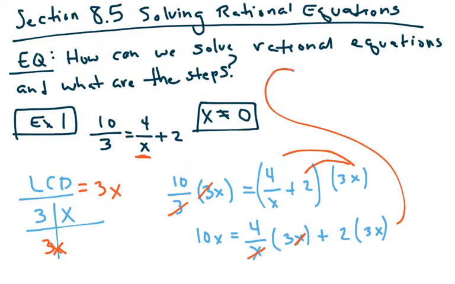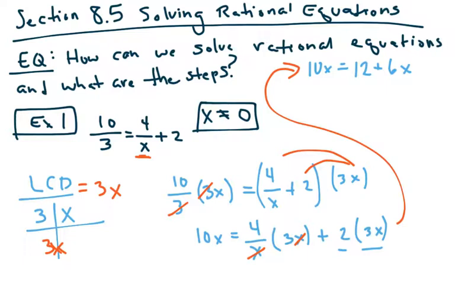So let's go up here. So 4 times 3, on the left we still have 10x, equals 4 times 3, which is 12, and that's plus 2 times 3x, which is 6x. And now it's as simple as solving for x.